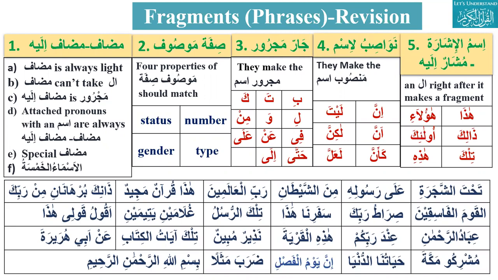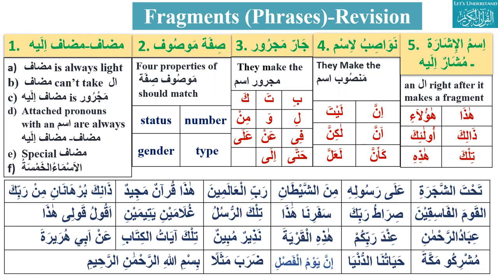If it wasn't a sentence, it should be ayatul kitabi tilka, meaning this ayat of the book. Did I explain right? Is it a sentence or a fragment? Definitely a sentence. So what will be the translation?